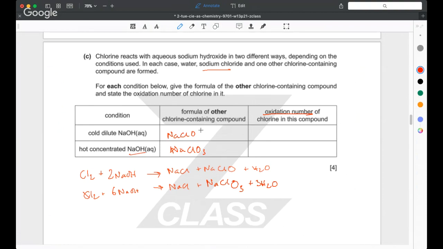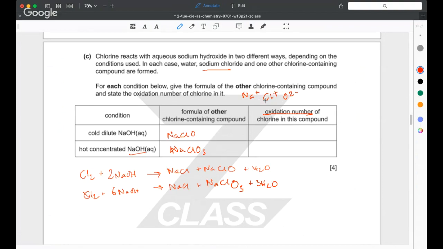So for this example, you've got NaClO. If you follow the oxidation number concept, you'd have the oxide ion, and because this is overall neutral, and the sodium is a sodium plus ion, that must mean you've got a chlorine plus ion as well.